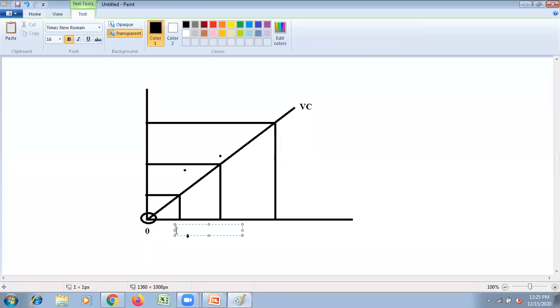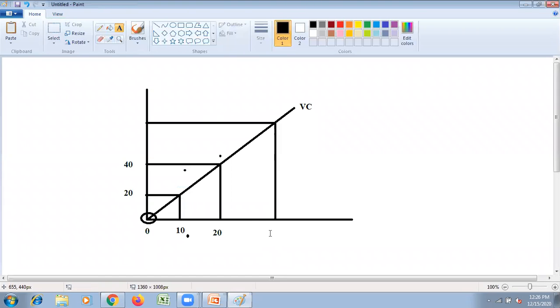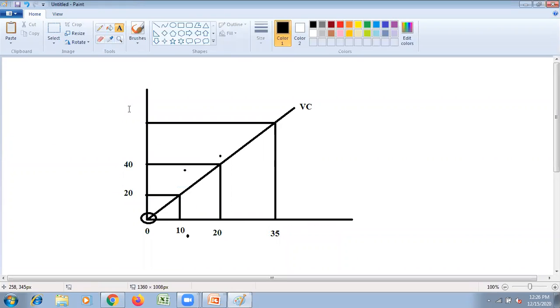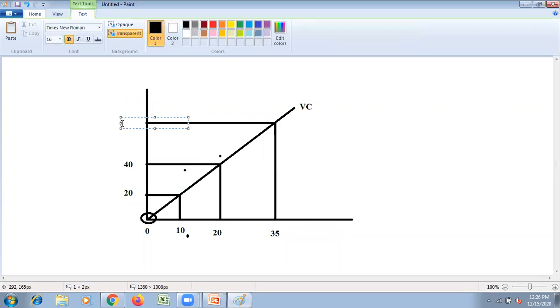But when you increase output to 10, variable cost also goes to, let's say, 20. Then let's say your output level reaches 20, so your variable cost reaches, let's say, 40. Then let's say it goes to 35, so your variable cost goes to 55.